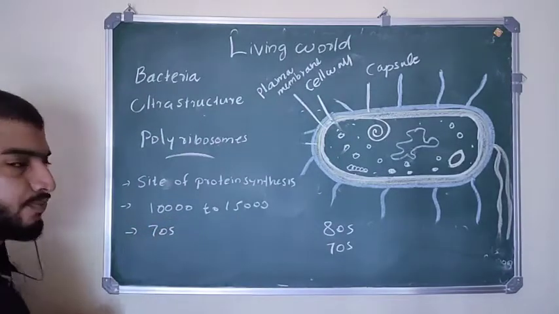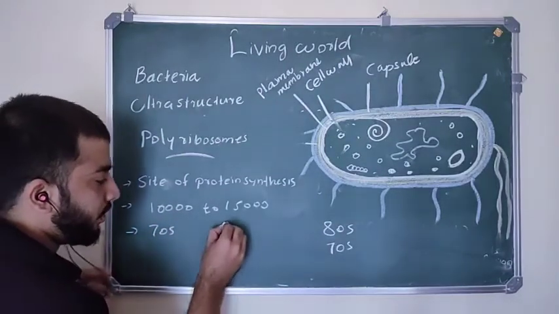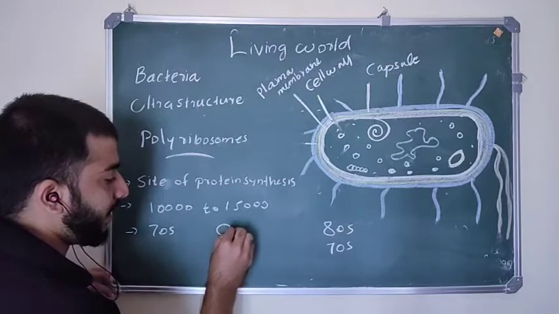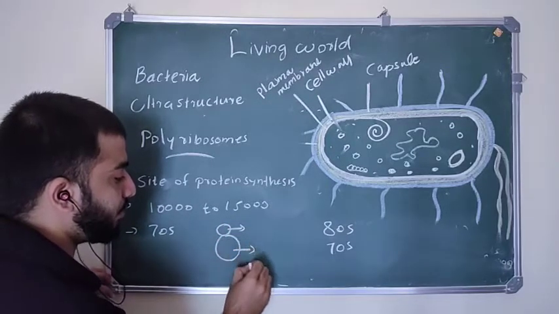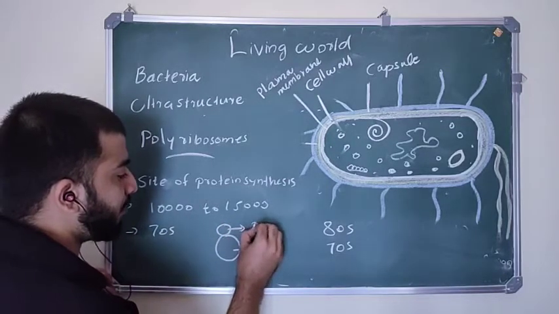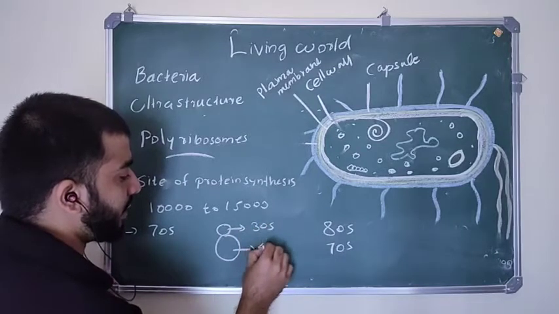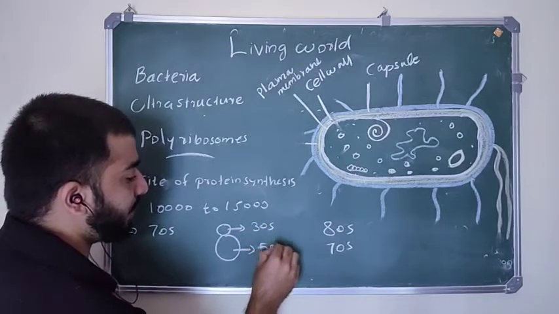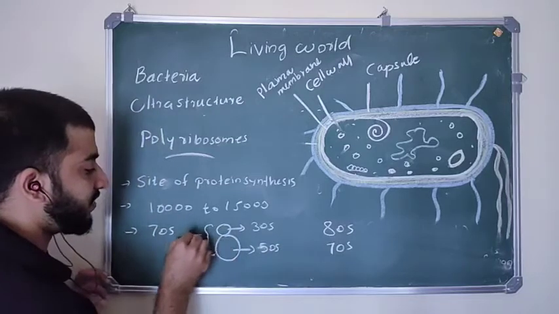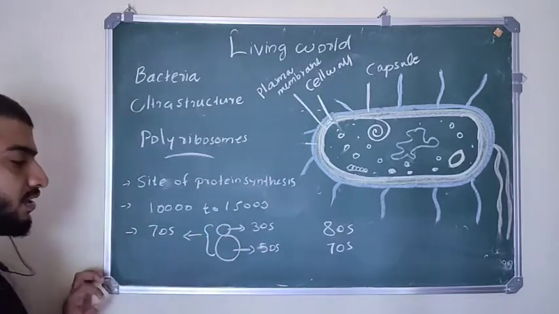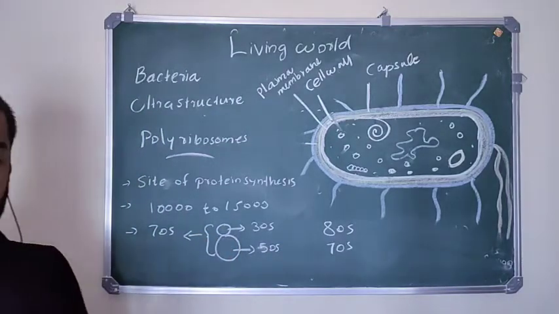This is the structure of a ribosome. They have a small subunit and a large subunit. The small subunit is 30S and the large subunit is 50S. Together they form the complete 70S ribosome.